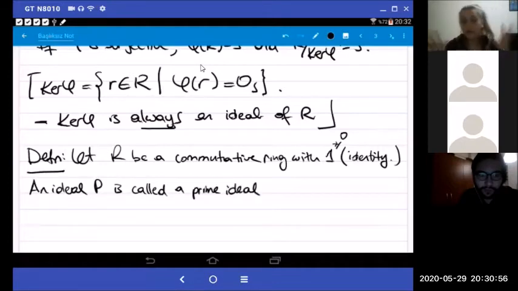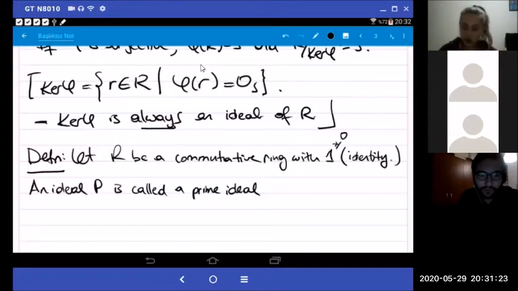This is a little bit complicated, but very similar to the concept that you know from integers. You know what prime integers are, right? The prime integers are the only ones whose divisors are 1 and itself.